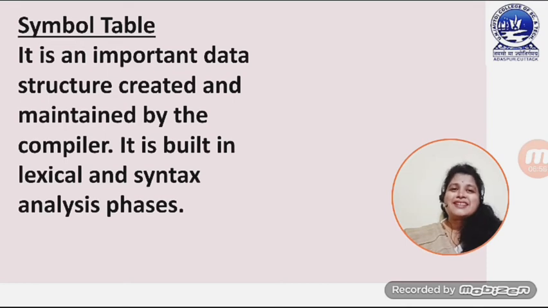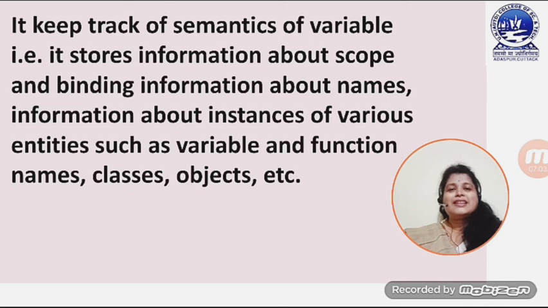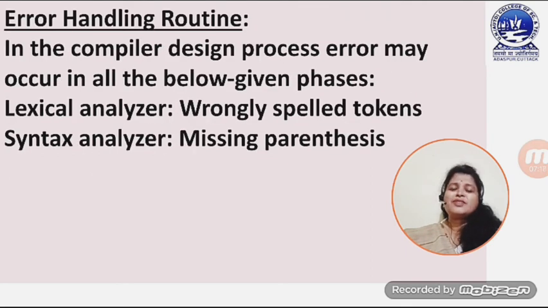The symbol table is a data structure which is created and maintained by the compiler. It keeps track of everything. It keeps track of syntax, semantics, and binding information about keywords, variables, memory locations, classes, objects, everything.